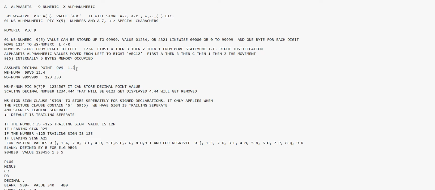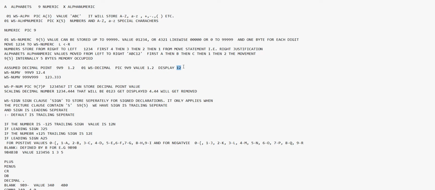For example, in a variable 01 WS-DECIMAL, the picture clause I have mentioned 9V9 and the value I give is 1.2. Then if you display it, it will display 12 only. Why? Internally it will assume 1.2, but when you display, it will display 12. Do remember this one.